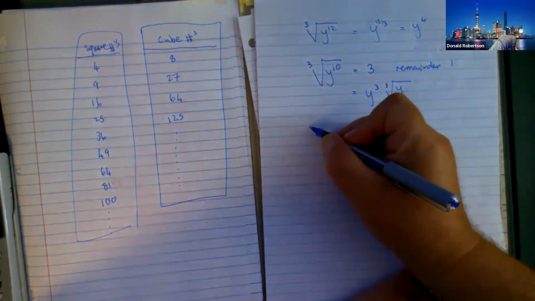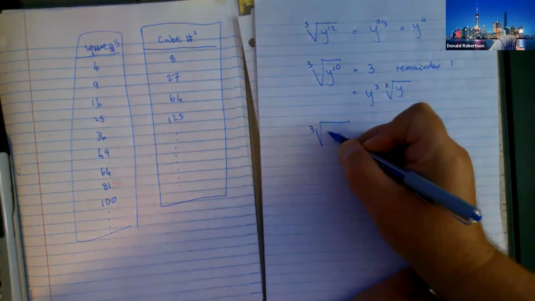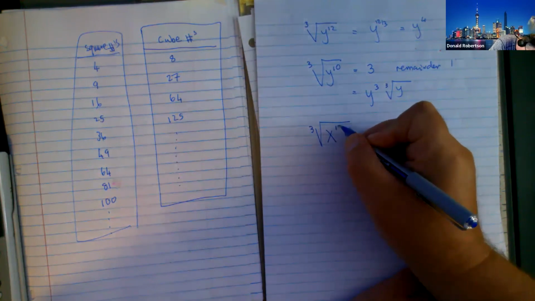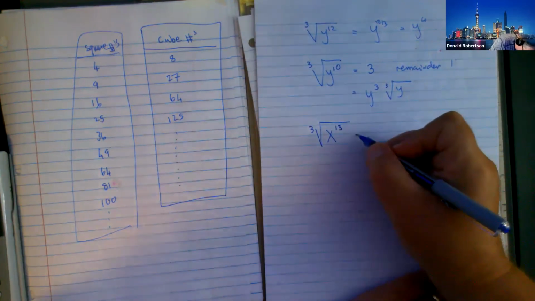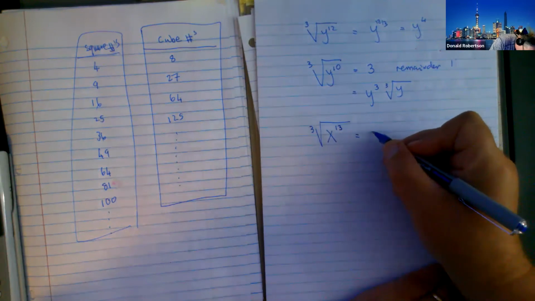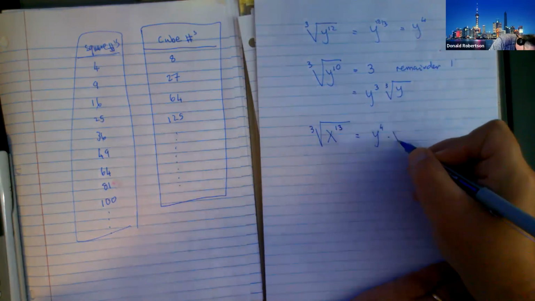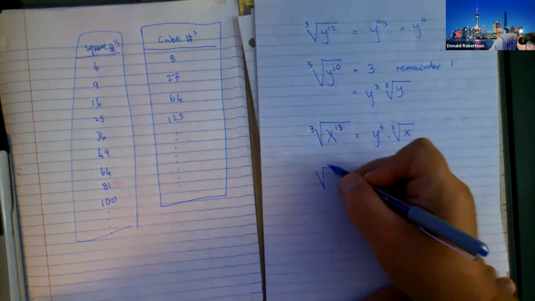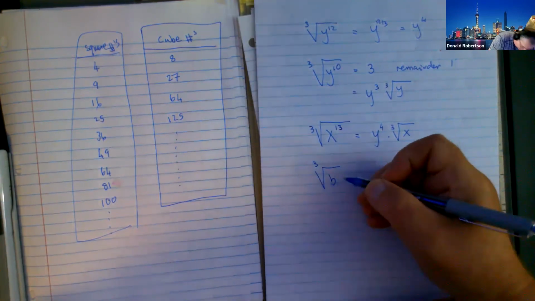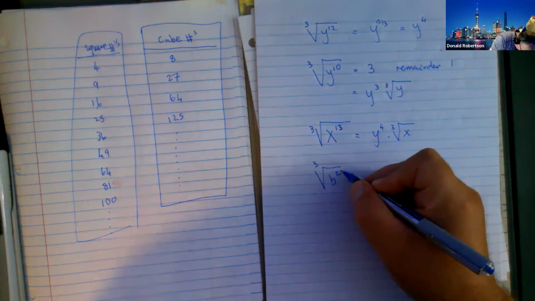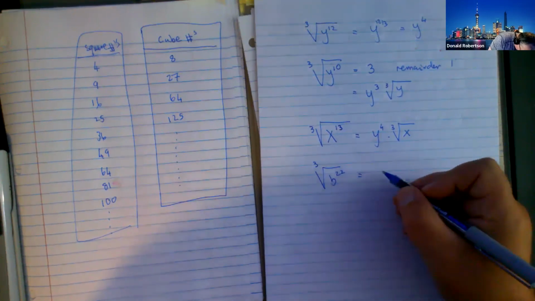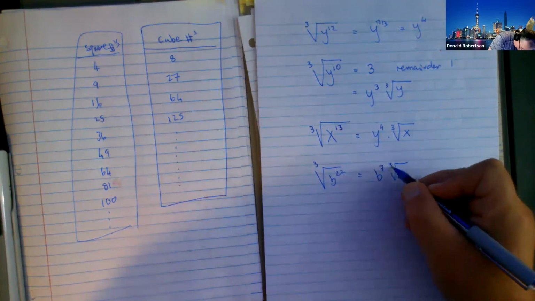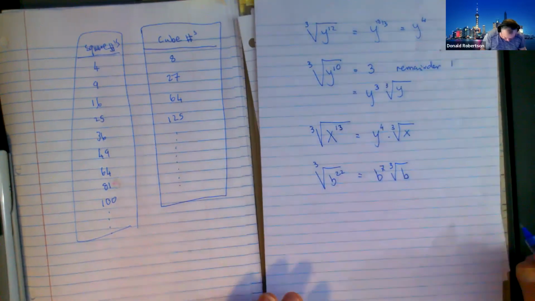Now, if you want to do a cube root of x to the 13, 3 goes into 13 4 times, and 1 left over. If you want to do cube root of b to the 22, 3 goes into 22 7 times, and 1 left over.